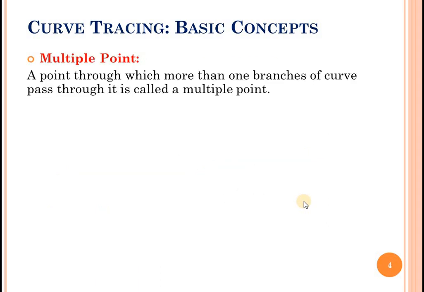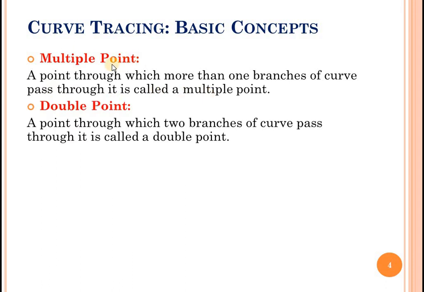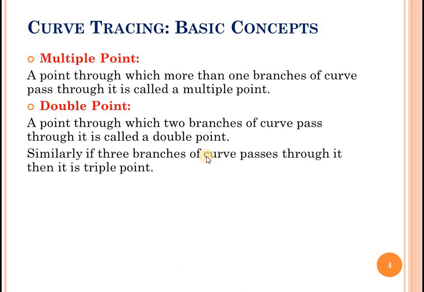Now the next concept is multiple point. A point through which more than one branch of the curve passes is called a multiple point. An example of a multiple point is a double point. If two branches of the curve pass through it, then it is a double point.